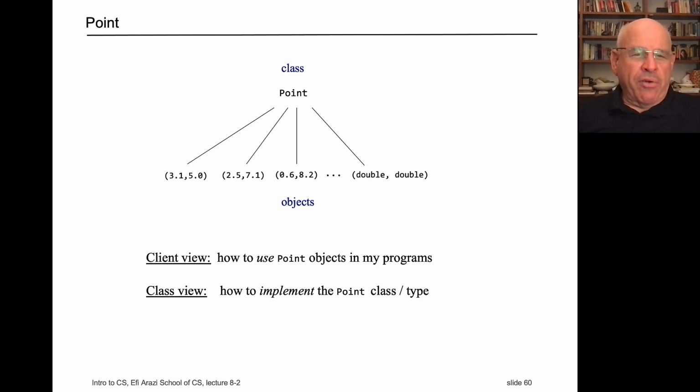And the client view, as usual, is the abstraction, which is how to use point objects in my programs, and the class view is the implementation, how to build the point class or the point type, if you will. And as usual, we are going to talk about the client view because the class view is something that we are going to discuss in the next lecture.